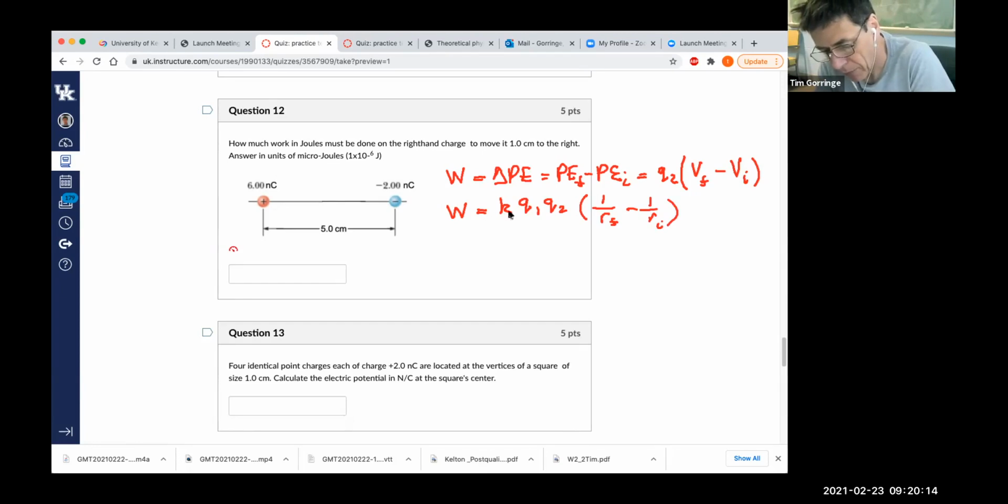So the Coulomb constant was a common term in the expressions for the potentials of the point charges. So was the charge of the left-hand charge, Q1, a common term. And we already had a common term that was Q2, the charge of the right-hand charge. And so this expression is the work that we're going to do. And we just need to fill in all the numbers.